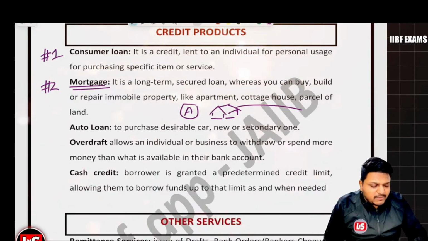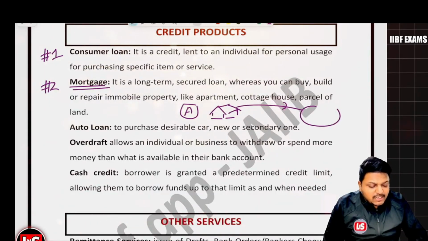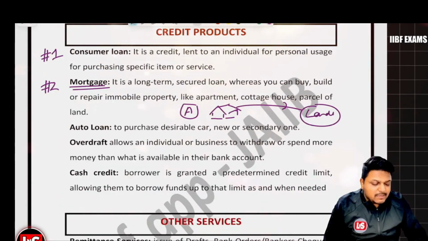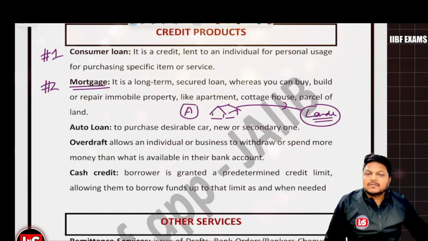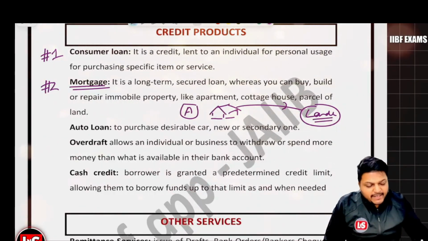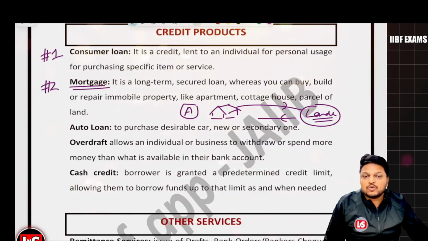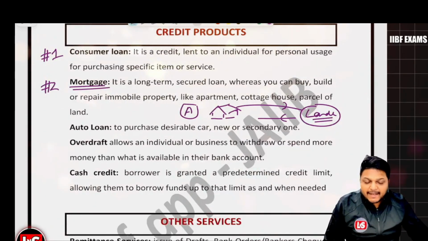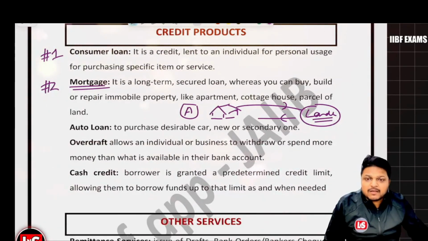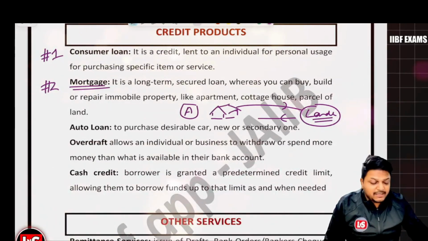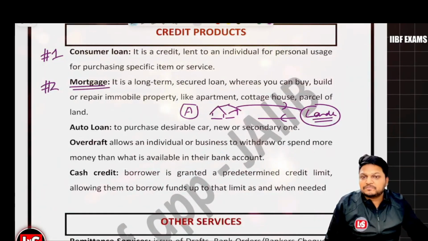A charge will be created by the borrower in the name of the lender, the creditor, and a loan will be given by the bank. That's a mortgage loan, and the property remains mortgaged with the bank until the repayment is done.